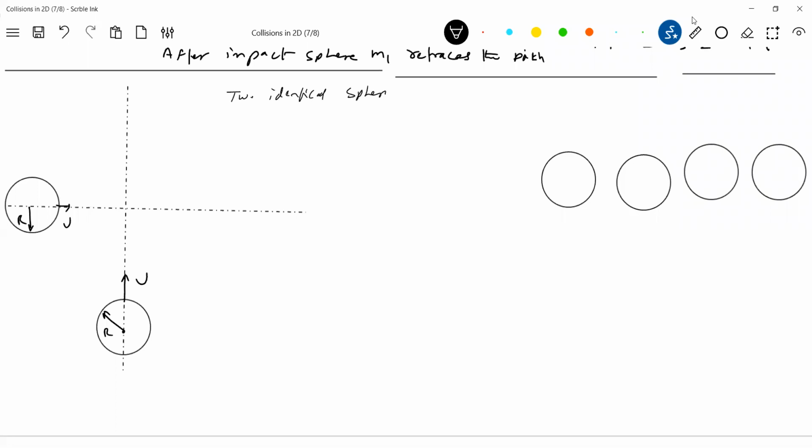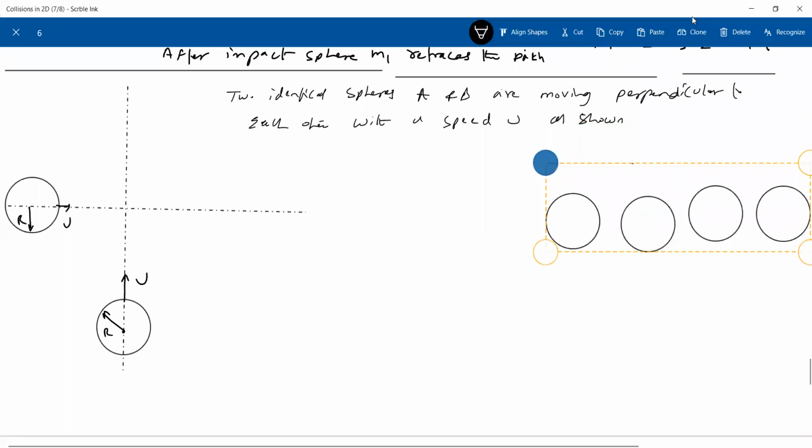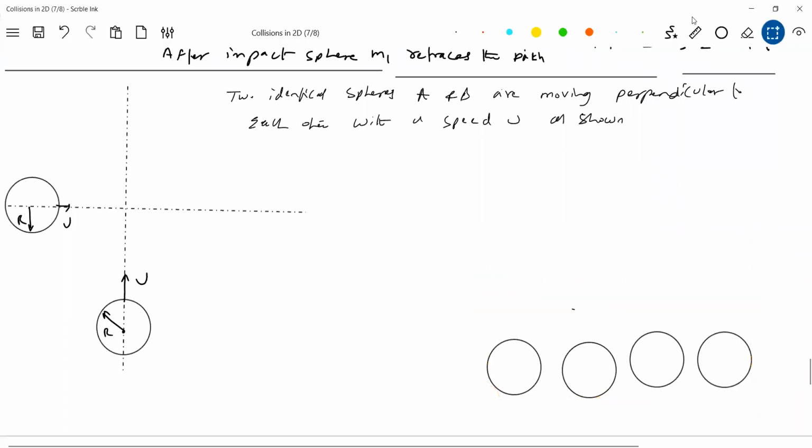Two identical spheres, A and B, are moving perpendicular to each other with a speed u as shown. Slowly we'll move to collisions in 2 dimensions.